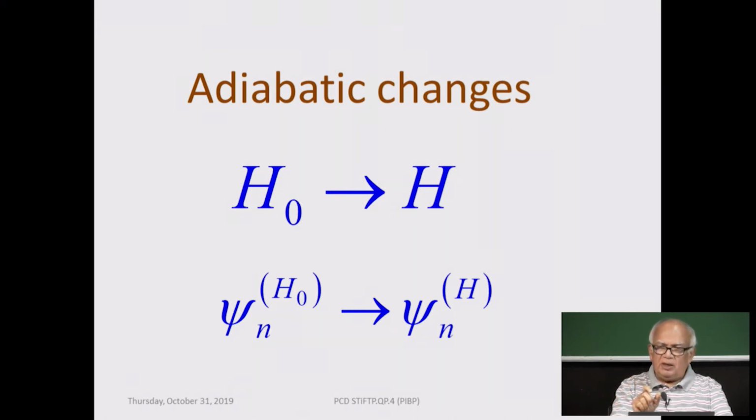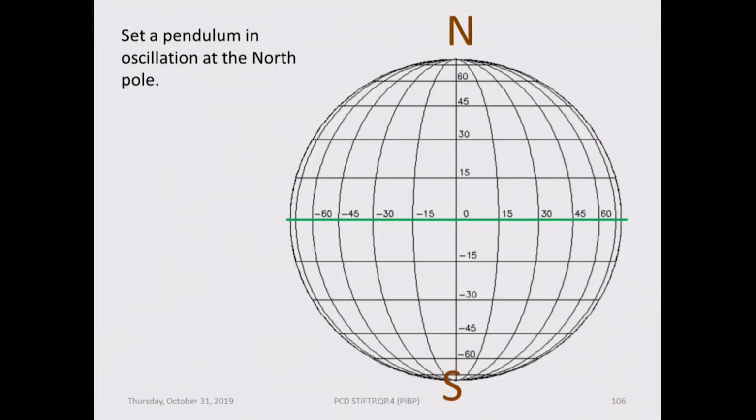So, watch the subscript n, which is the nth eigenstate of the Hamiltonian H0, will gently develop into the nth eigenstate of the new Hamiltonian, which is changed because of certain parameters. Okay.